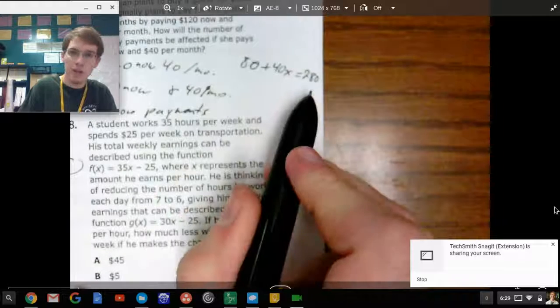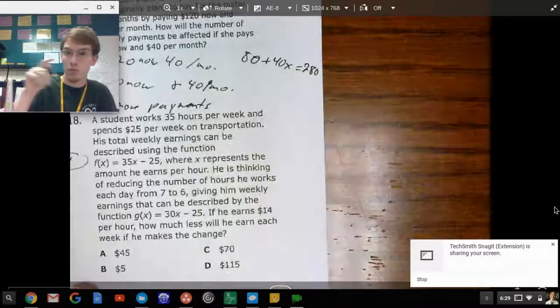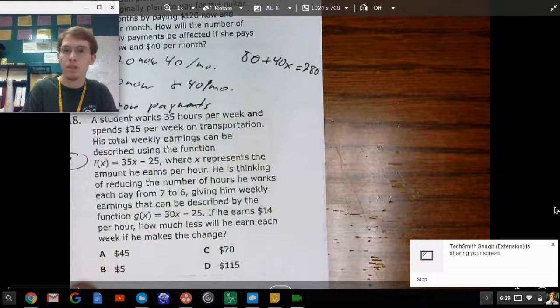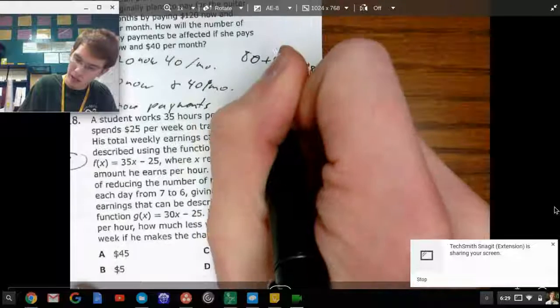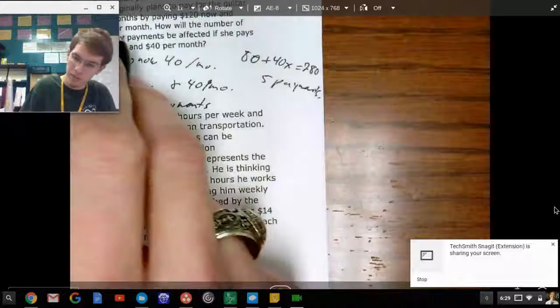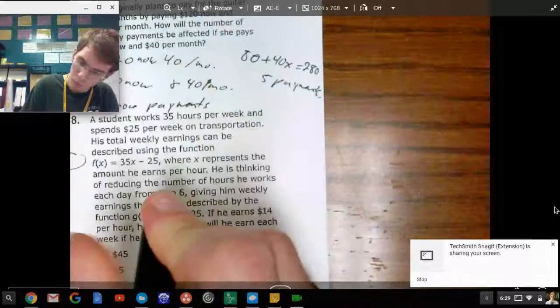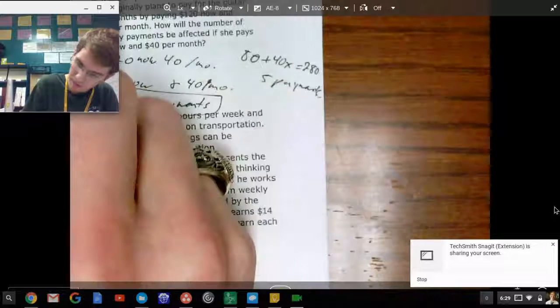If we solve that, subtract 80 from both sides, divide by 40, you will get 5. So they're going to make 5 payments. Compared to what they started with, they were making 4. So this is one more payment.